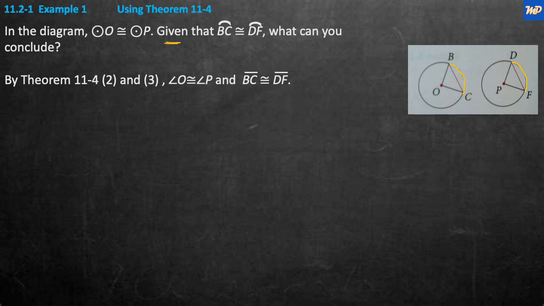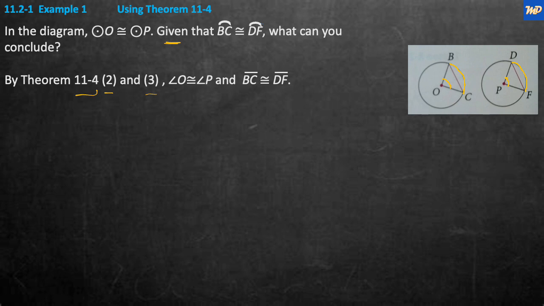What can you conclude? Well, from 11-4, angle O is congruent to angle P. Angle O is this angle right here, and angle P, these are central angles. They are congruent because congruent arcs have congruent central angles.